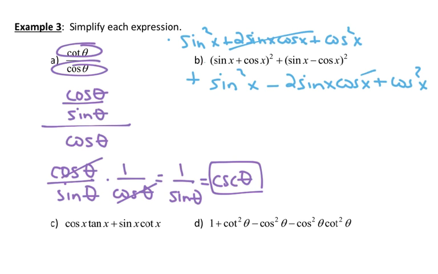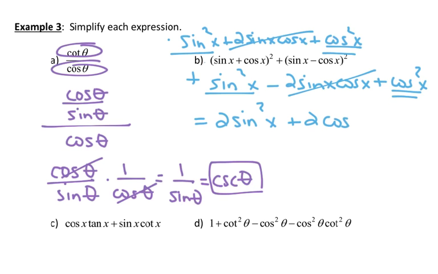Well, I want you to notice that these are opposites and they cancel. And now I'm left with sine squared plus sine squared, which is 2 sine squared, and cosine squared plus cosine squared is 2 cosine squared.